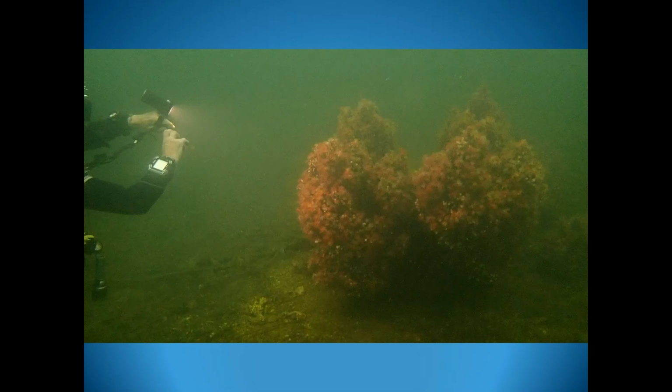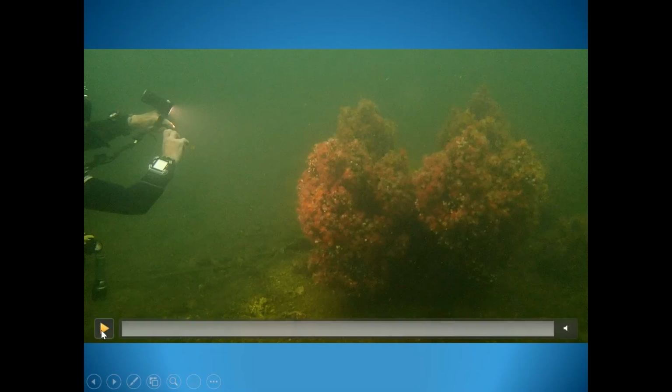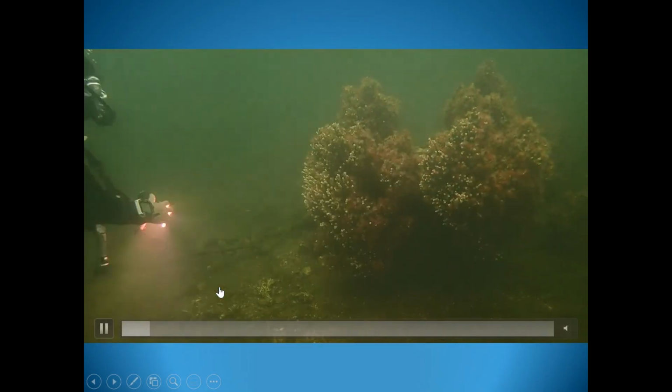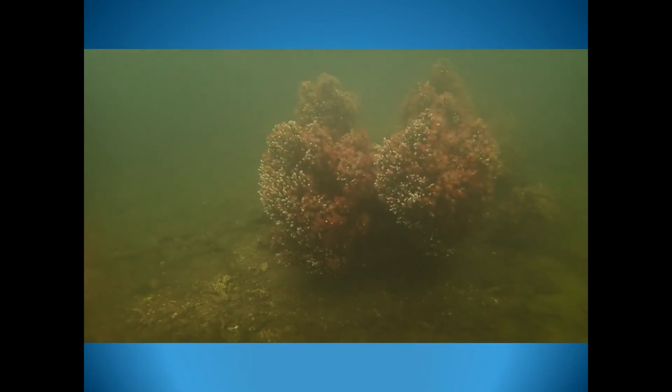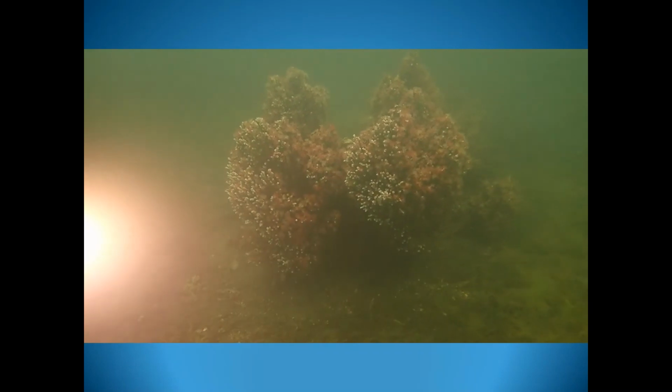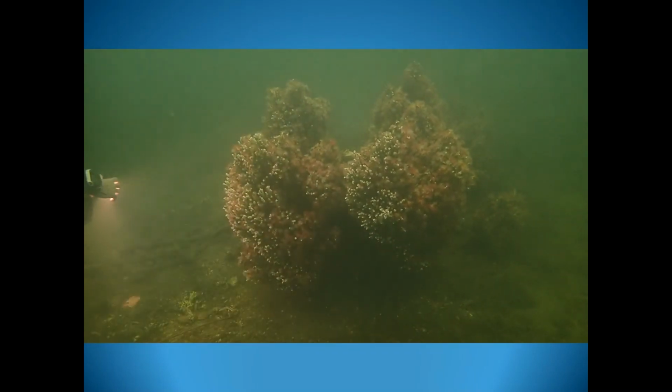But unfortunately, the need for marine conservation has somewhat of a darker side. So if a picture is worth 1,000 words, I suppose videos should do an even better job than that. So this video shows a Serpula vermicularis colony growing on a lobster pot at a site in Galway.